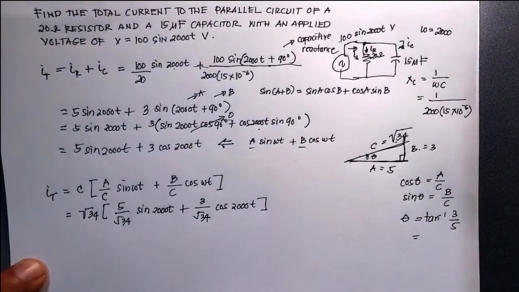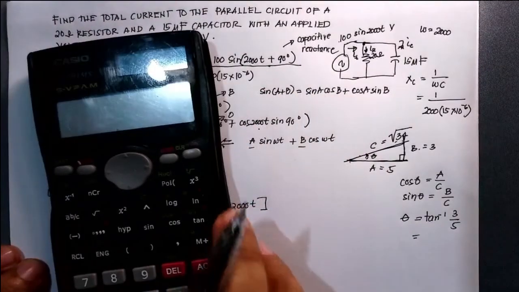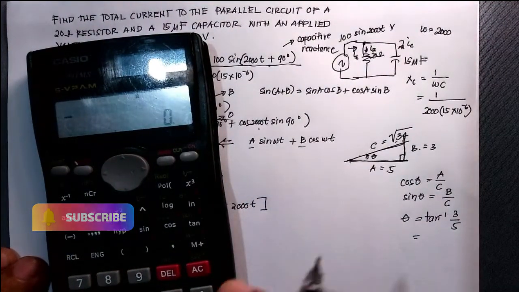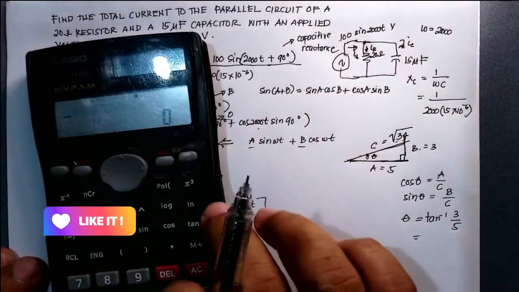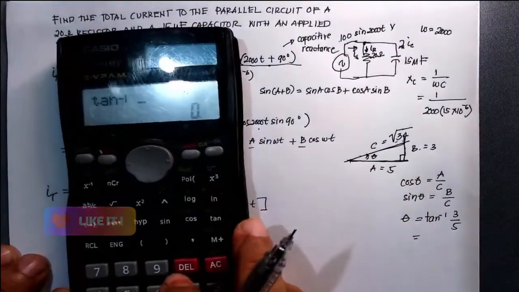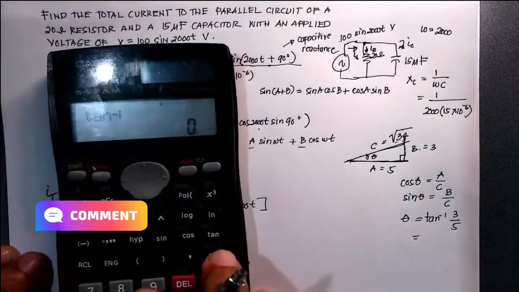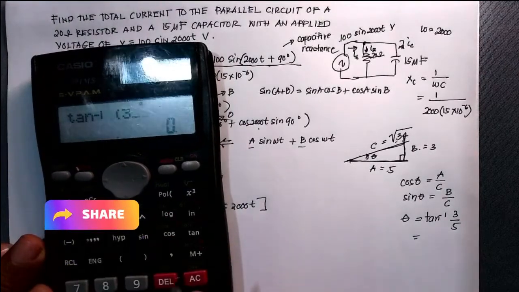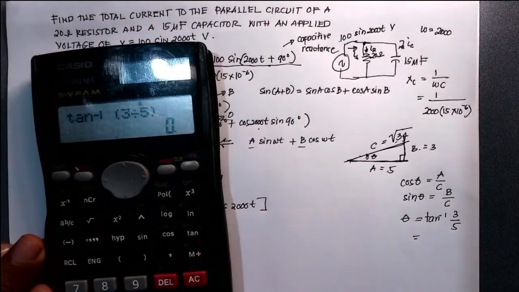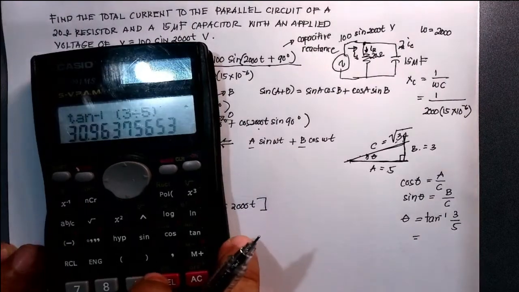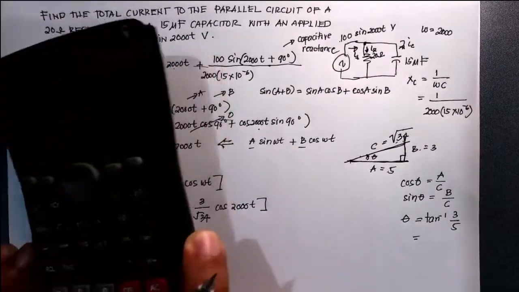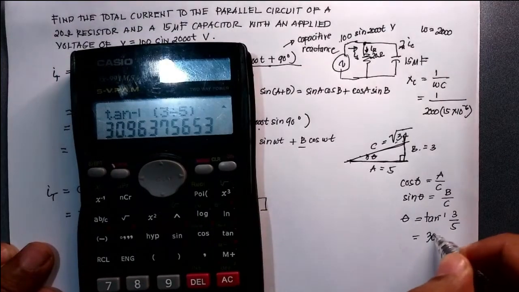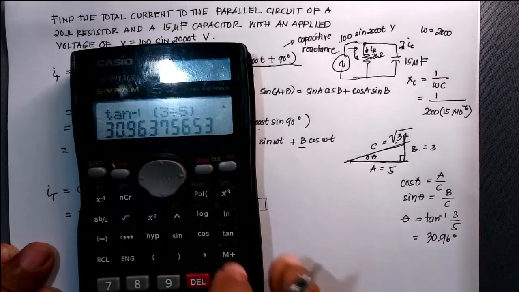Okay, if you have your calculator here, let's take the inverse tangent of 3 divided by 5, and that will give us 30.96. So this is 30.96 degrees.